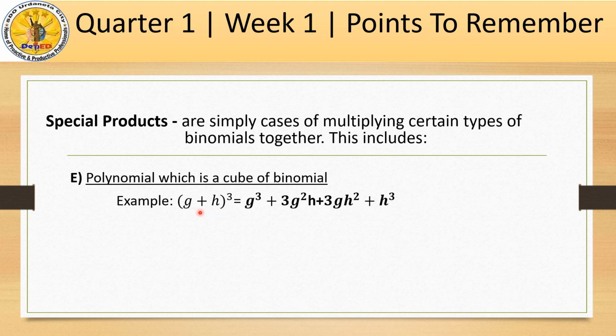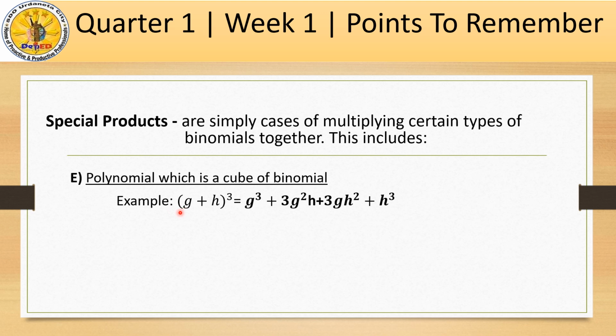So, the expanded form for g plus h cube is g plus h multiplied by g plus h multiplied by g plus h. Okay, so there is a shortcut for getting the product of this cube of binomial.